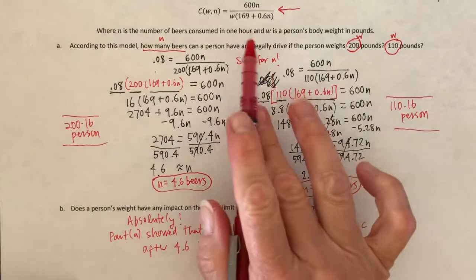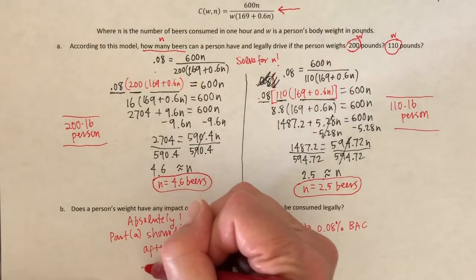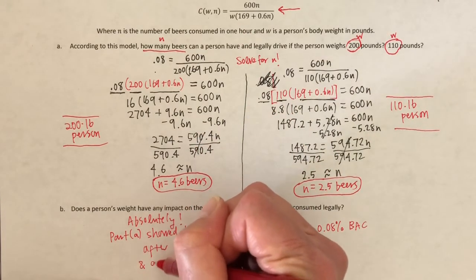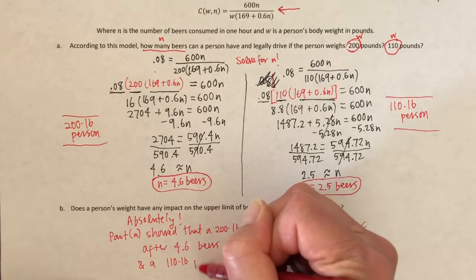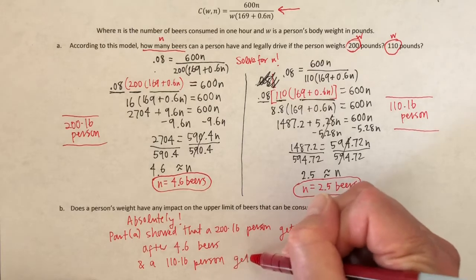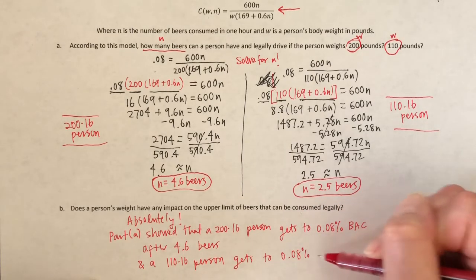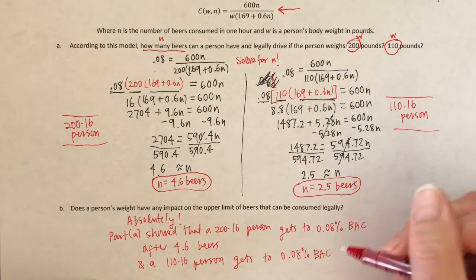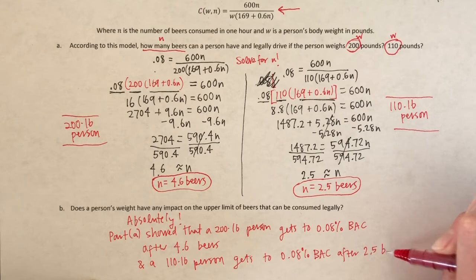This is all according to the model. We have to assume that that's correct. And a 110-pound person gets to 0.08% blood alcohol concentration after 2.5 beers.